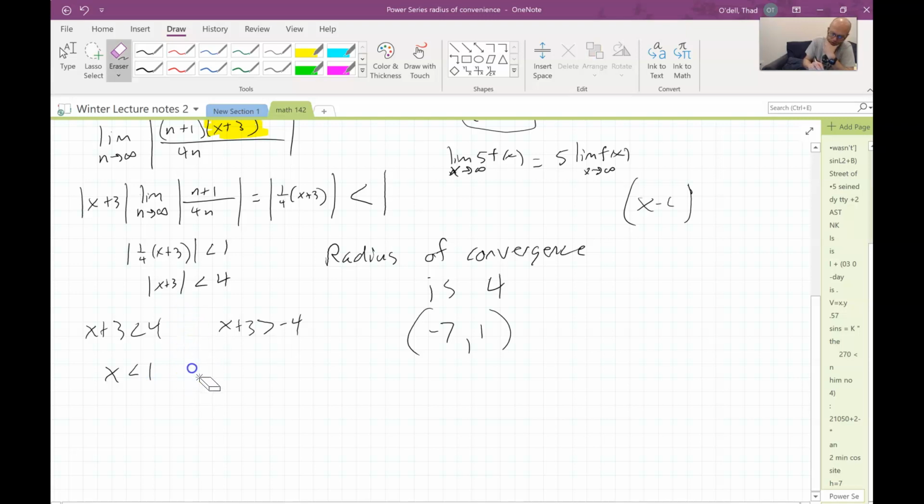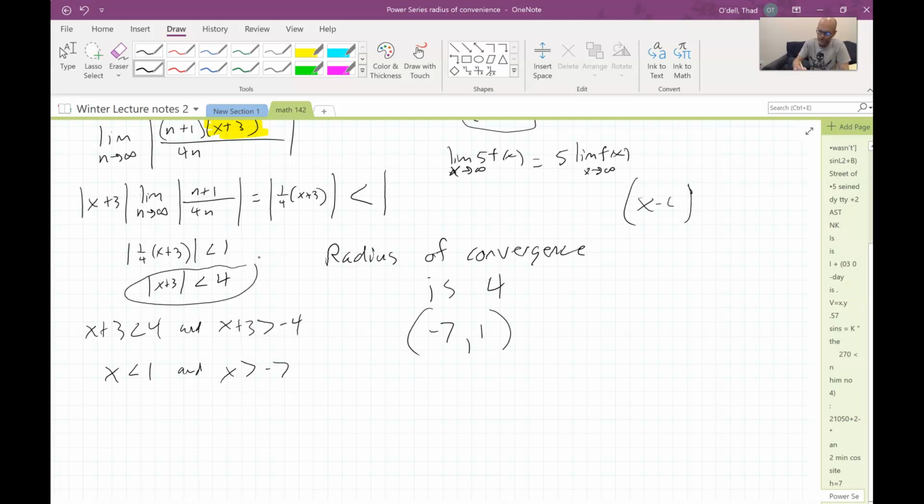And at the same time, if we subtract 3 from both sides, we get x is greater than -7. So the solution is x has to be less than 1 and at the same time greater than -7, and of course that gives you that same answer. But I think it's easier once you get to this spot to just recognize that 4 is the radius and -3 is the center, and so then you can come up with the interval of convergence. So this is the interval of convergence initially.